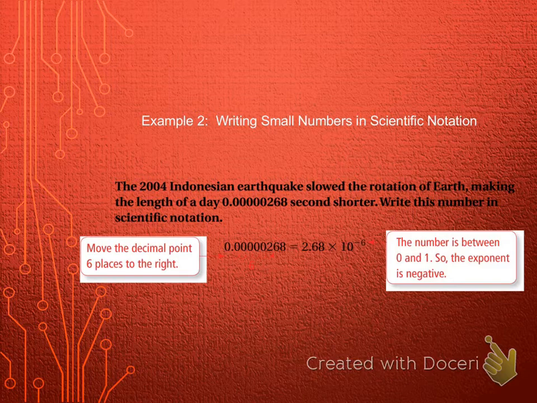We're going to have to move the decimal point 6 places to the right so that we get, remember, we want a non-zero digit, 2.68, times 10 to the 6th, but it's going to be negative because this number is less than 1. So it's going to be 2.68 times 10 to the negative 6 because it is a small number.